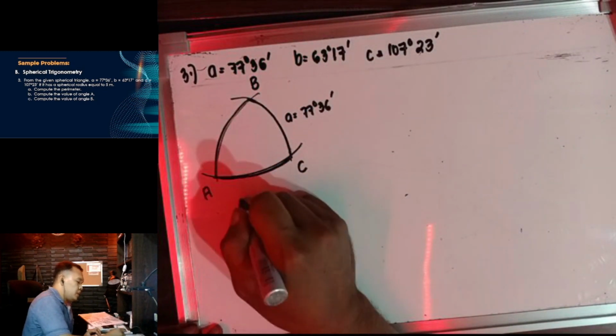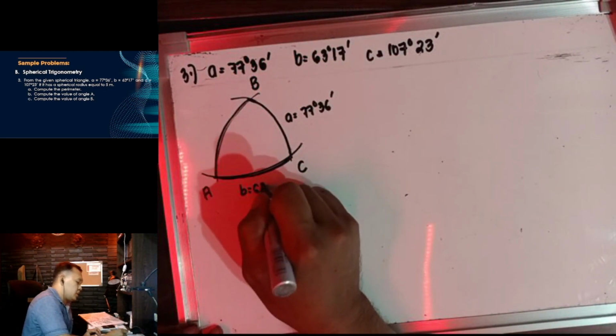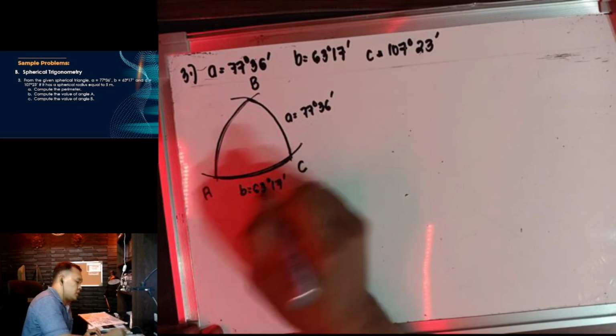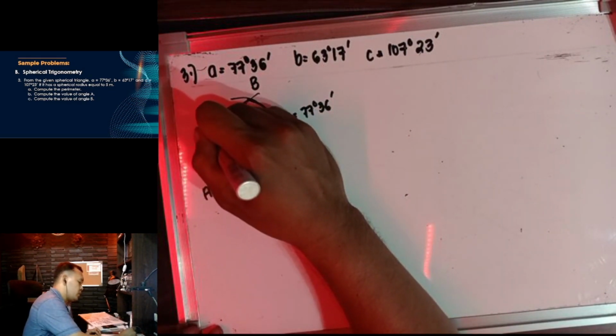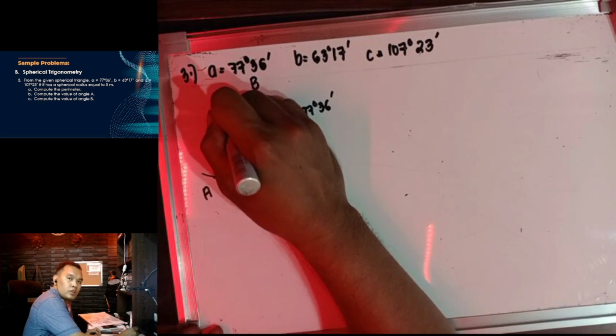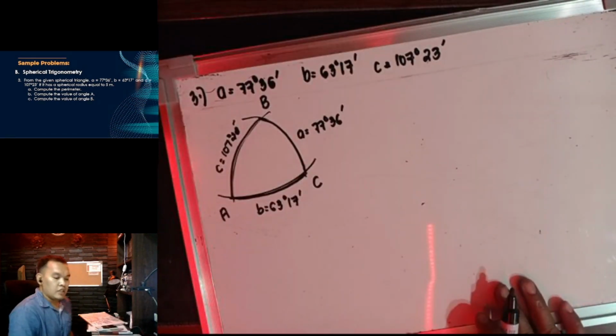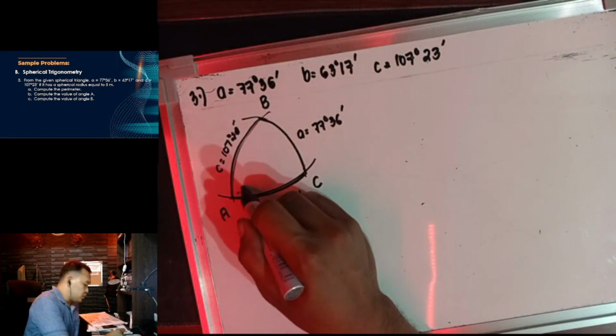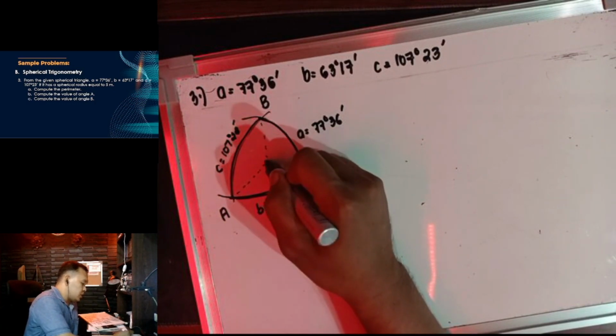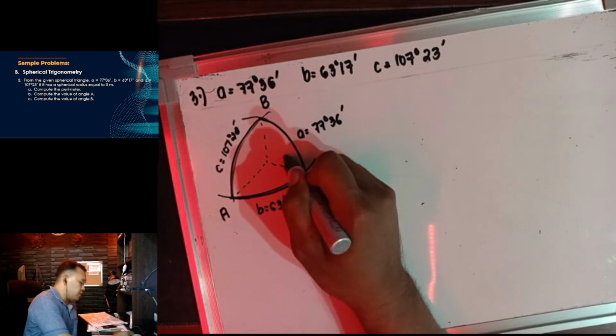B is equivalent to 63 degrees and 17 minutes. And C is equivalent to 107 degrees and 23 minutes. Then, we also have the radius. Our radius is equivalent to 5.